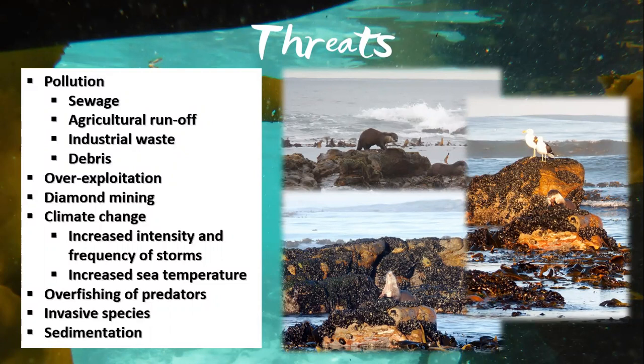As food security becomes increasingly difficult to obtain with the limited terrestrial space and exponentially growing human population, overexploitation of kelp and other marine algae is a real risk. Access for mining is provided by the removal of whole kelp beds, and climate change is altering sea temperatures and increasing the intensity and frequency of storm surge.